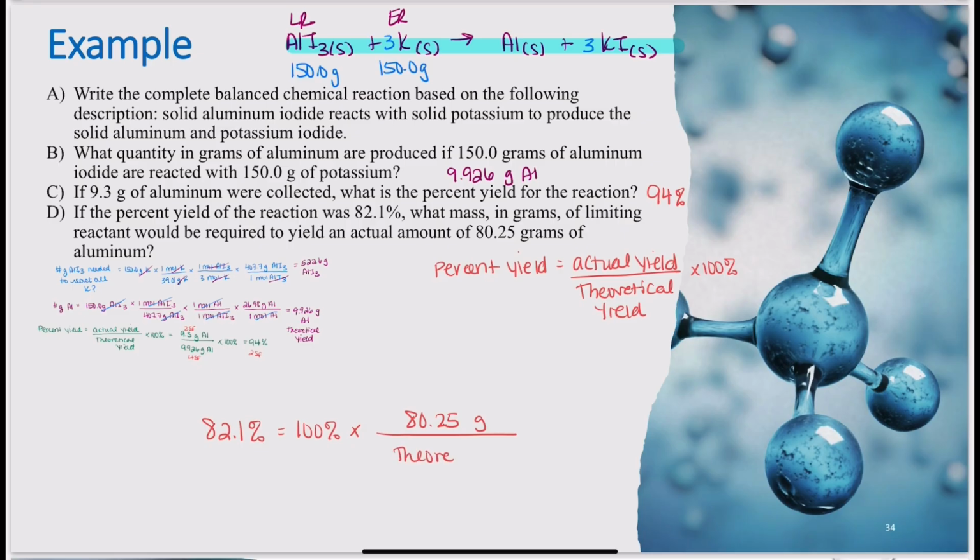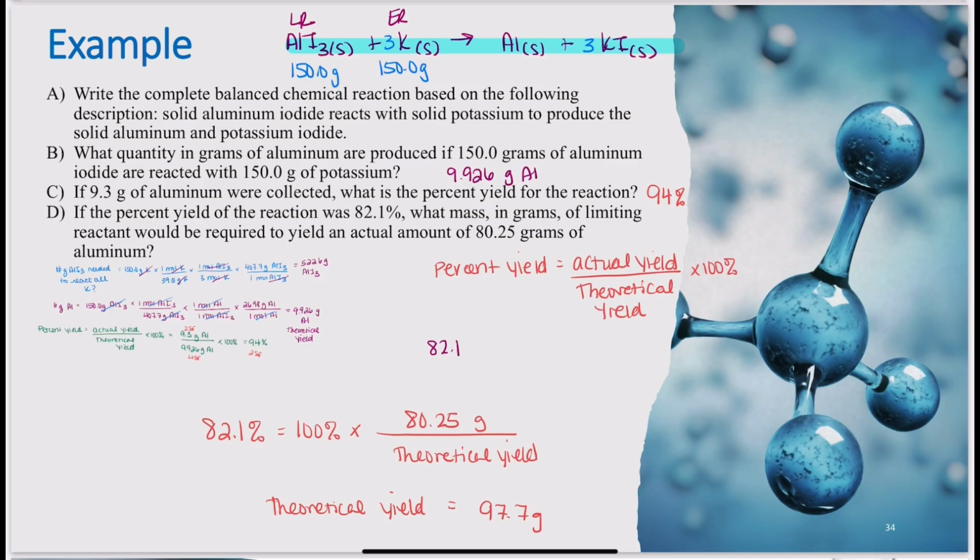So I'm just trying to algebraically rearrange this to solve for the denominator. You should get a theoretical yield of 97.7 grams. Okay. Now, if you're good, this is the last part of the video. You're good to end. If you're not good on the algebra here, let's talk about it.